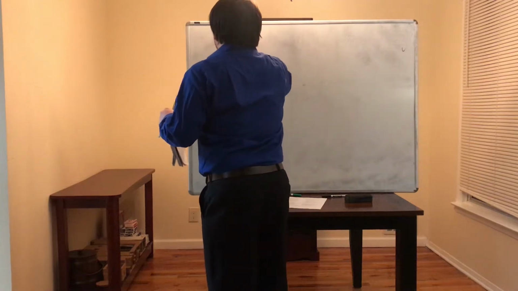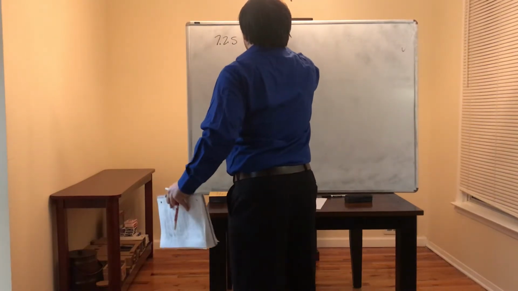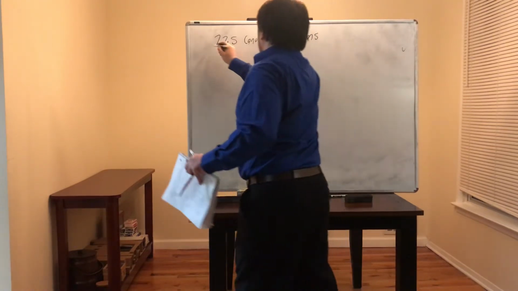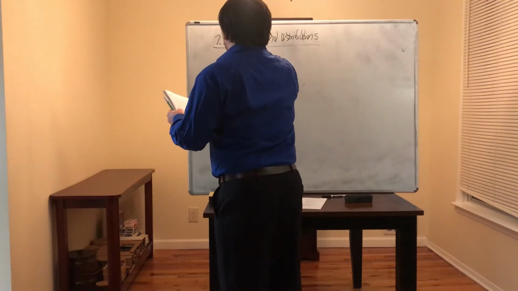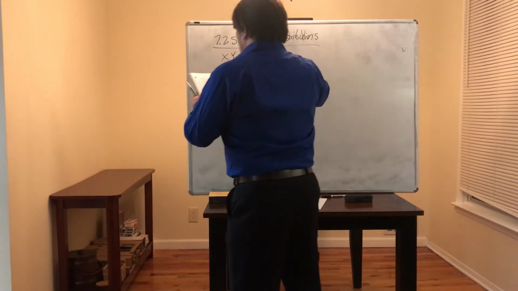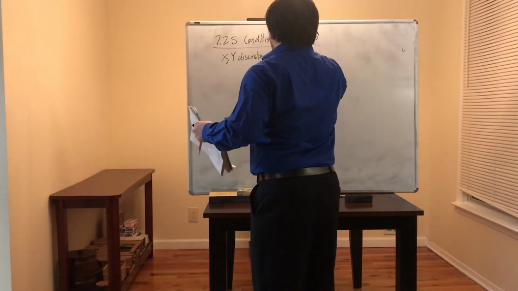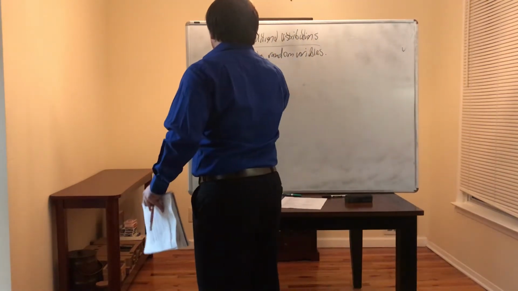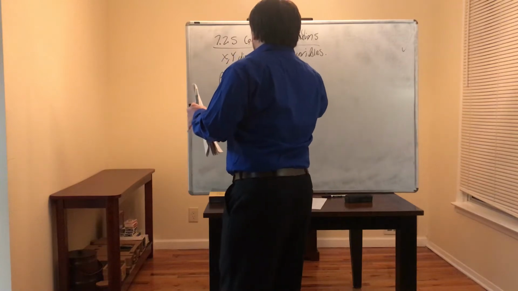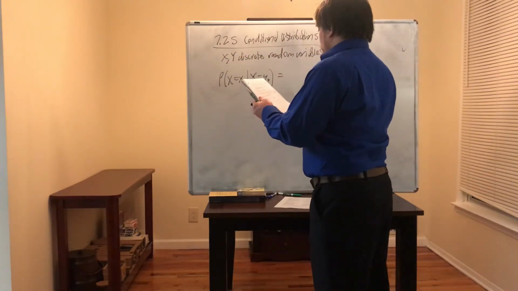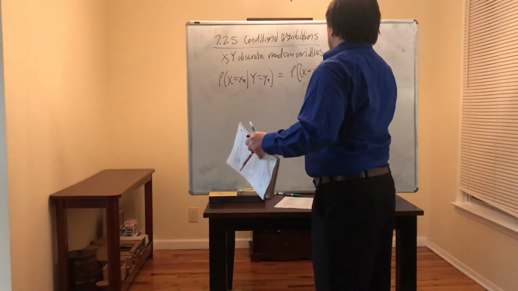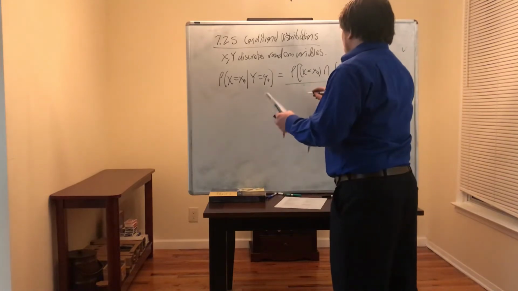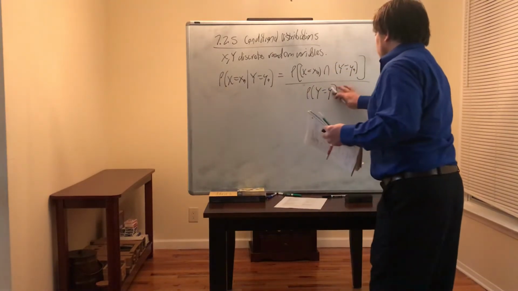Okay, 7.2.5 is on conditional distributions. So x and y are discrete random variables, and so the probability that x is equal to x naught, given that y is equal to y naught, is equal to the probability that x is equal to x naught and y is equal to y naught, divided by the probability that y is equal to y naught.